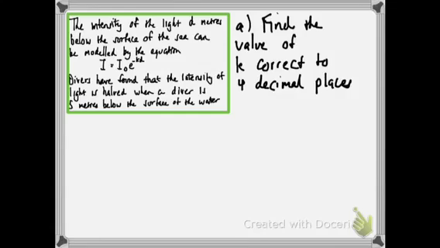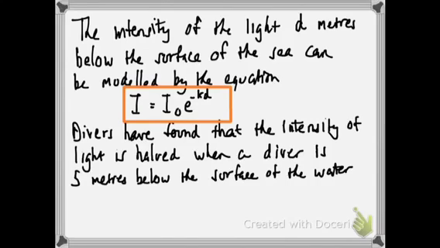Now, a bit of a hard question here. We've got to think a bit laterally. What we do know here is the distance equals 5. I might just copy the equation across here, so it's in our site here.